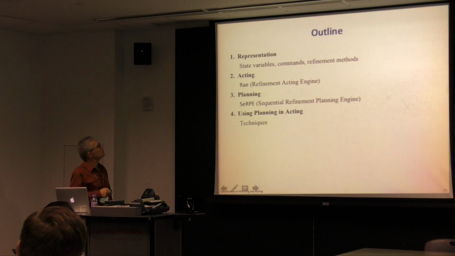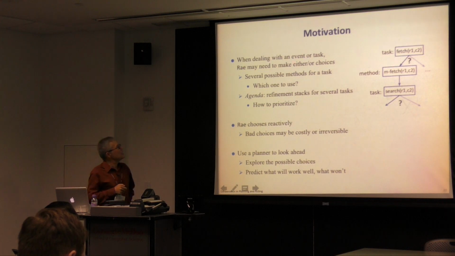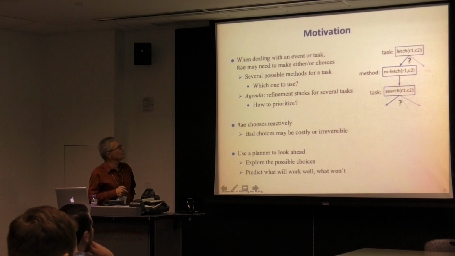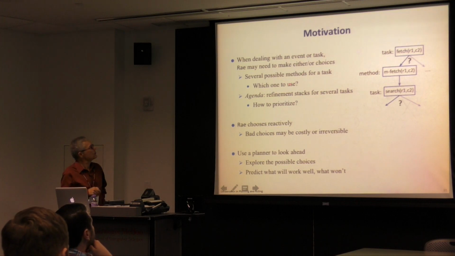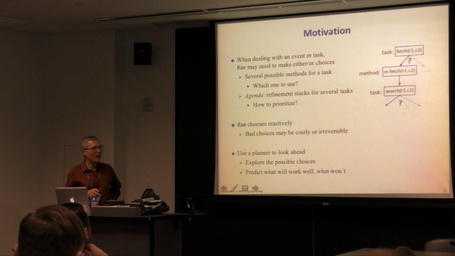Next, planning. Motivation here is when dealing with an event or a task, Ray may need to make either-or choices. There might be several different methods that are available. There's a question of which one to use. There might be refinement stacks for several different tasks.